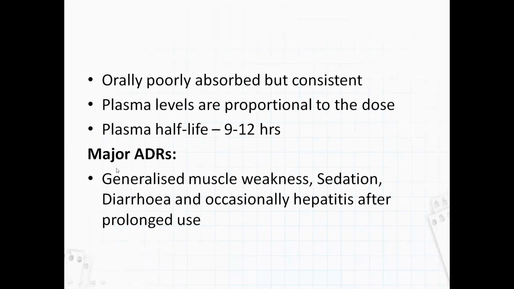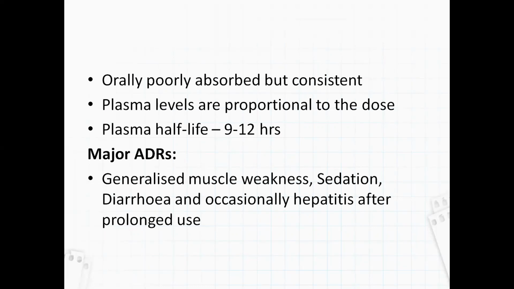Major adverse drug reactions are generalized muscle weakness. Why this generalized muscle weakness happens is, here it is directly acting on the muscle, but the impulses from the central nervous system will be coming, giving instructions to contract the muscle, but the muscle is not releasing any calcium, due to which the muscle will not be contracting.